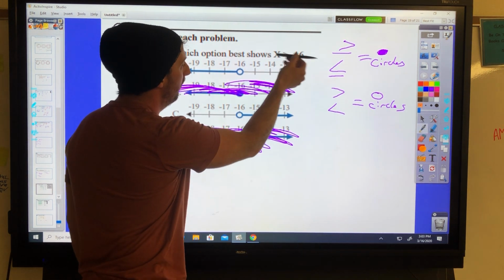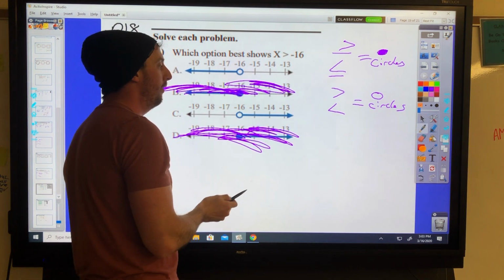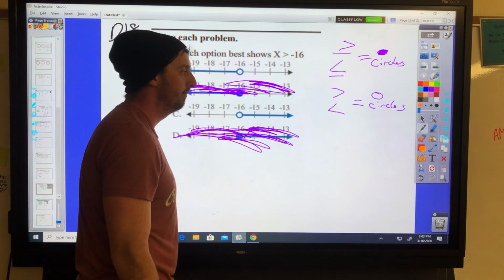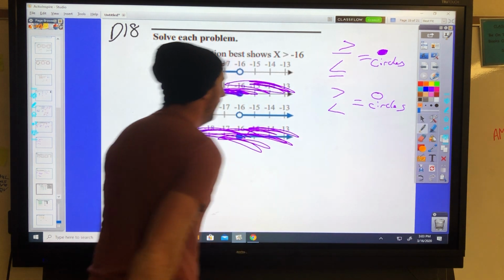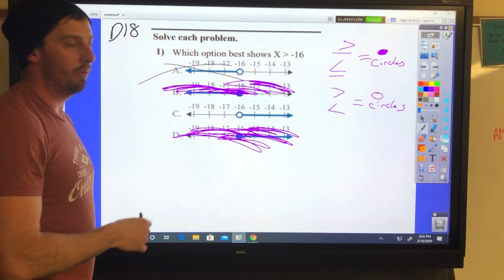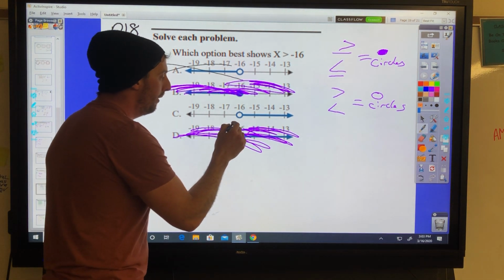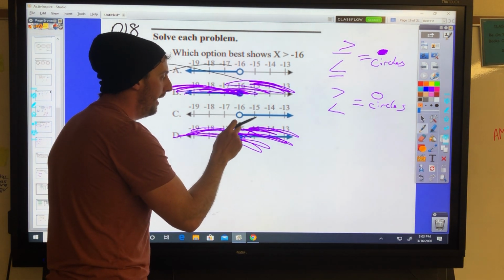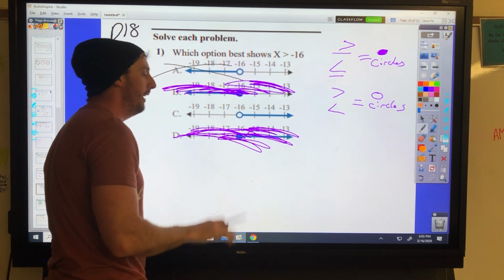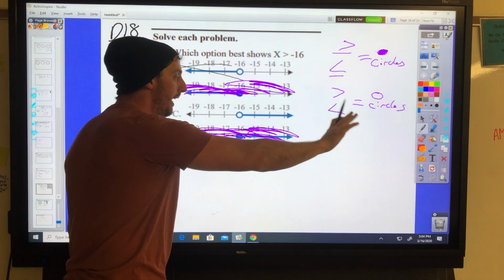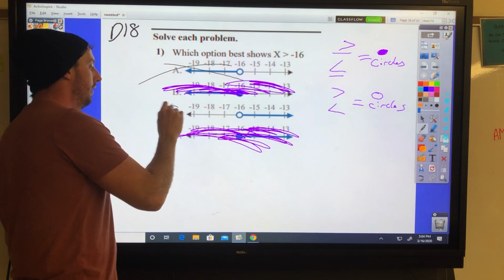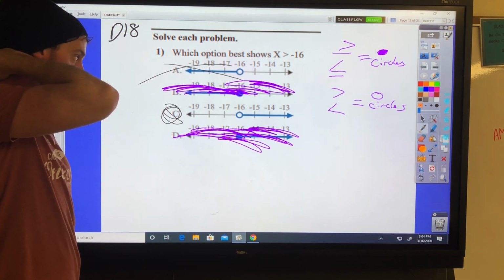So if my greater than symbol is pointing that way, I have to pick the answer in which the arrow is also pointing that way. So I know that it can't be A because the arrow is pointing in the wrong direction. And it says right here, x is greater than negative 16. So any number that is greater than negative 16, including negative 12, 1, 2, 3, 4 to infinity, it has to be C is your answer.